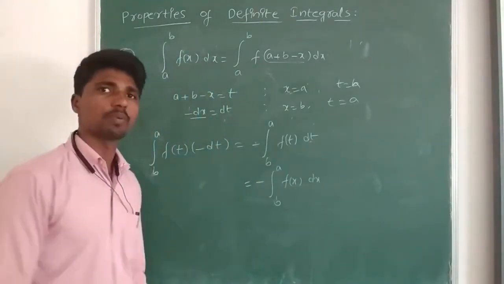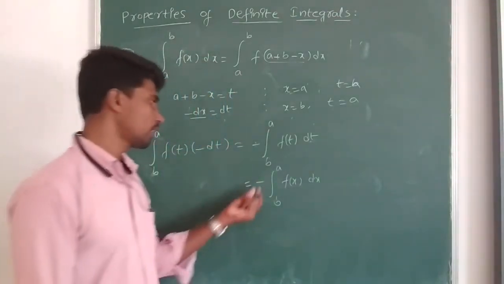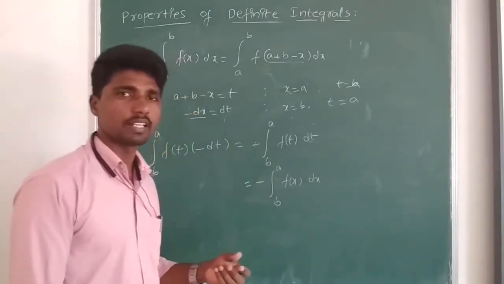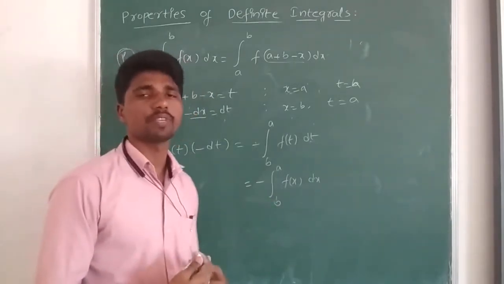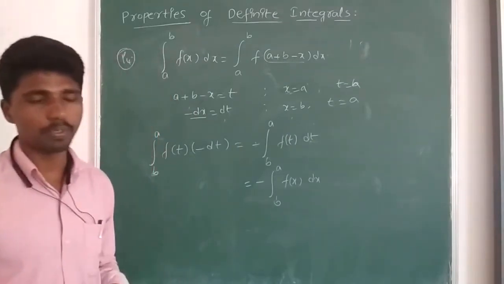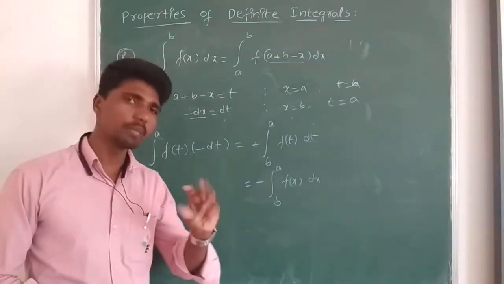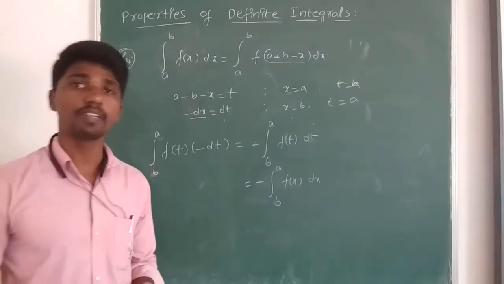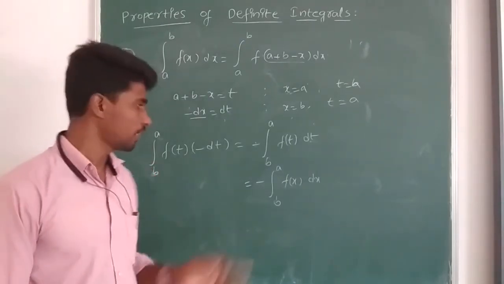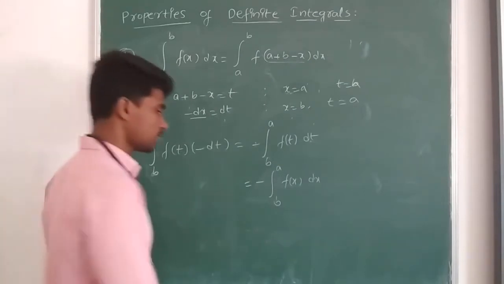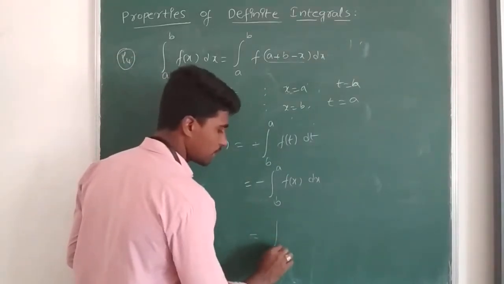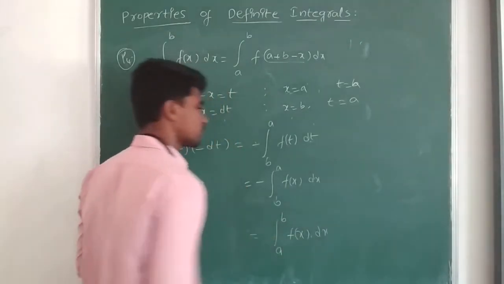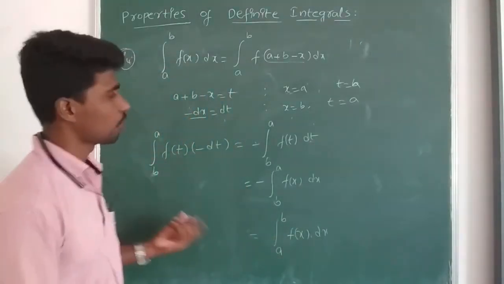And from the second property, minus integral b to a f of x dx can be written as integral a to b f of x dx. As per the second property, if you change the limits, the upper limit as the lower limit and the lower limit as the upper limit, the value of the integration changes by a minus sign. Already I have minus into minus, it becomes plus. I get the answer integral a to b f of x dx. So this is the fourth property.